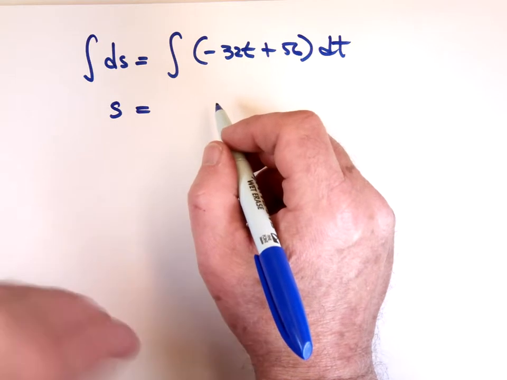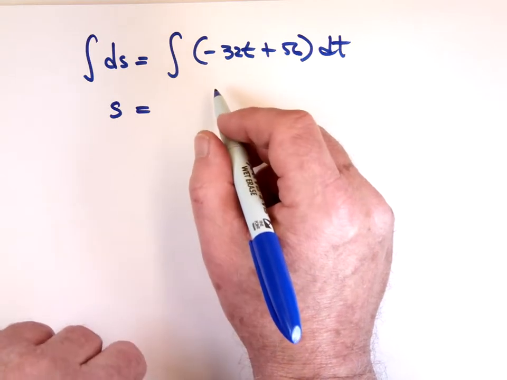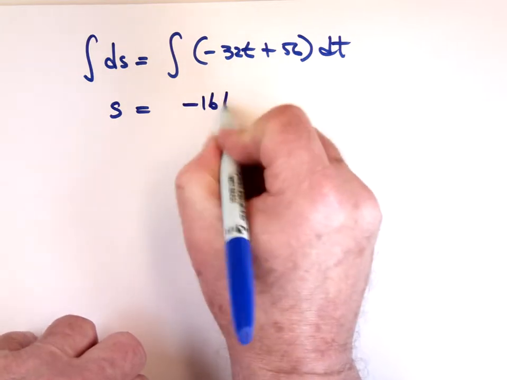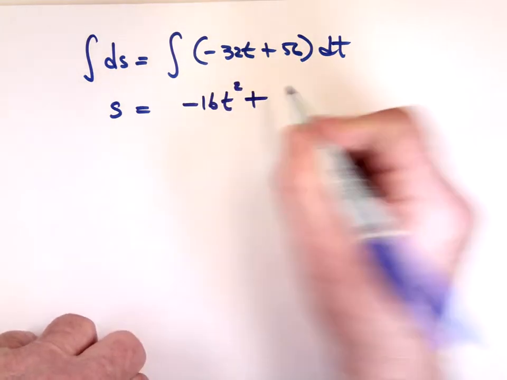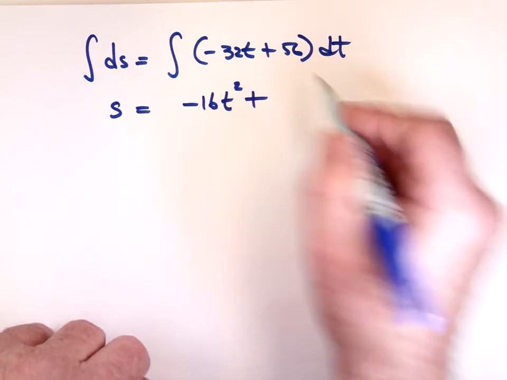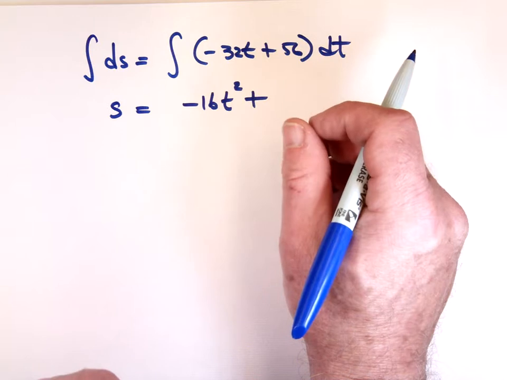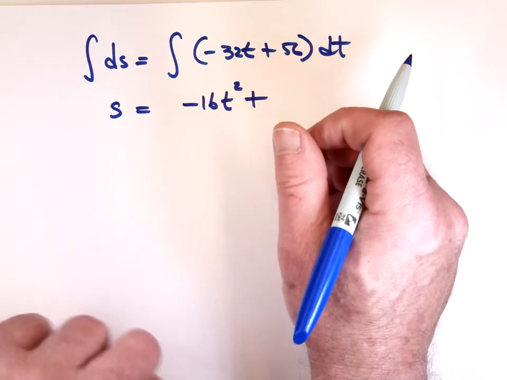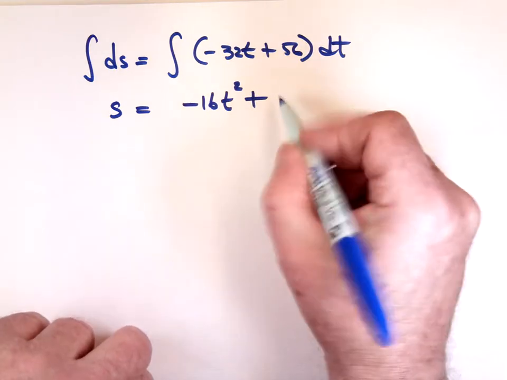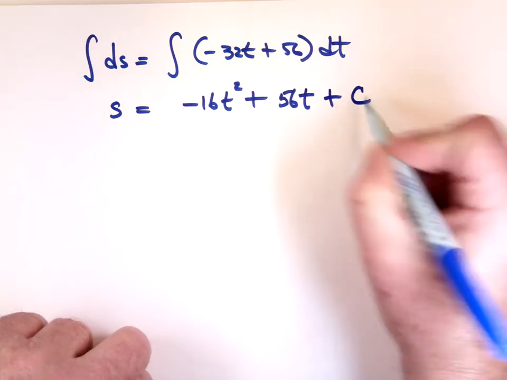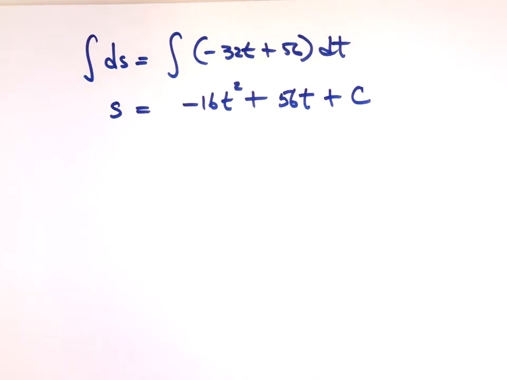That was the rule I just showed you a second ago. We did that rule last time. When you divide by 2, you're going to get negative 16t squared. The integral of 56 dt, take that constant 56 out front, integrate dt to get t. You get 56t plus a constant. Like I said, this is what we did last time.